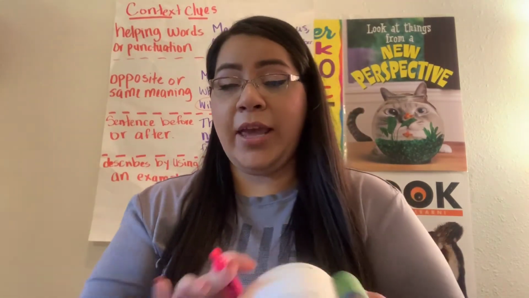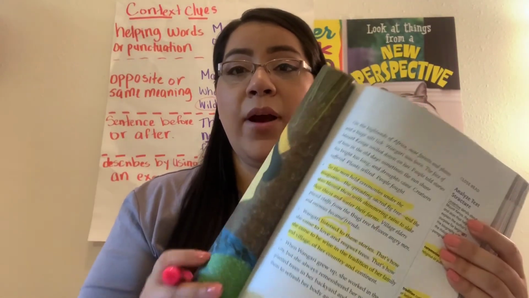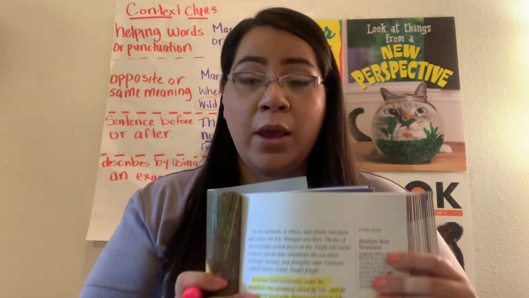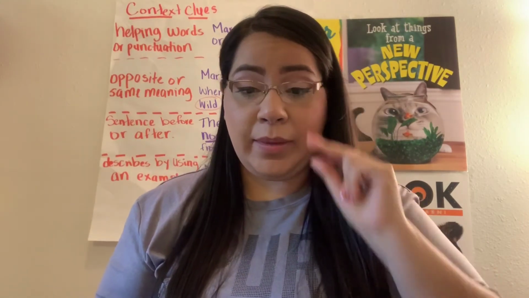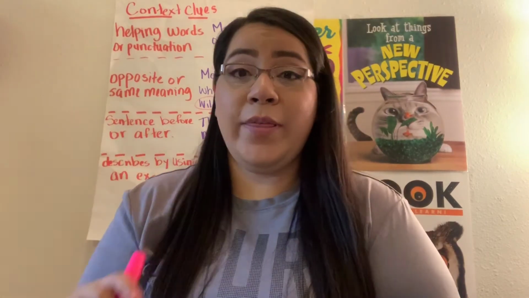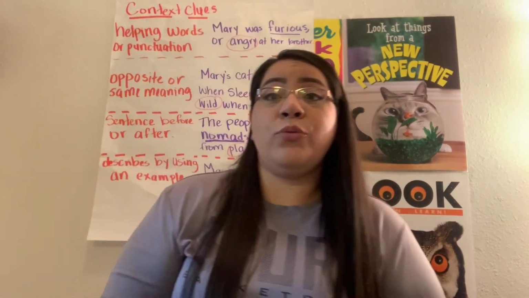Now, I know as a reader, when I go back and look, I highlight it where I found my information, where I found my vocabulary words. Now, in this case, go to paragraph 2, follow along with me. And I'm going to start at the beginning of the paragraph because, as we saw in our context clues, it may be where we need the sentence before or the sentence after to really help us understand the meaning.